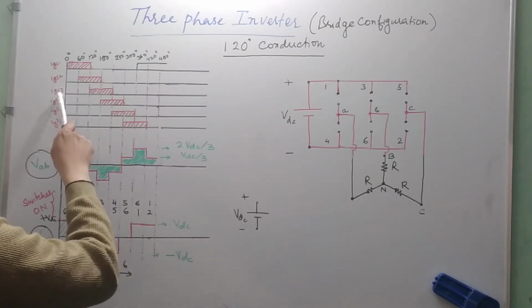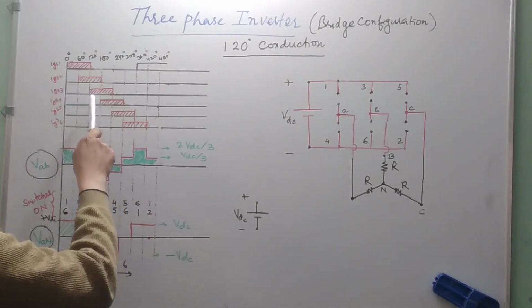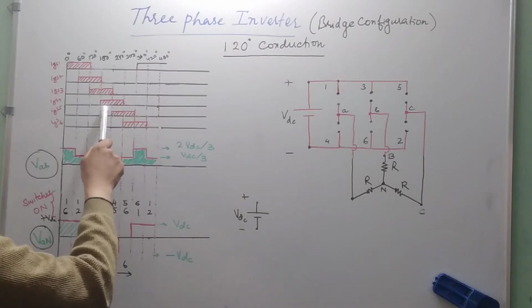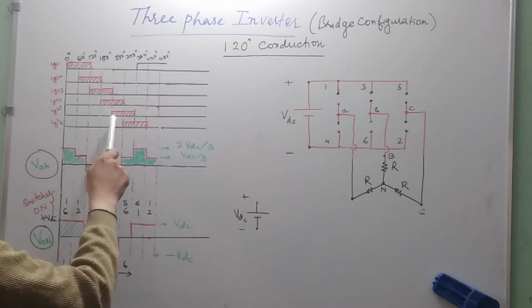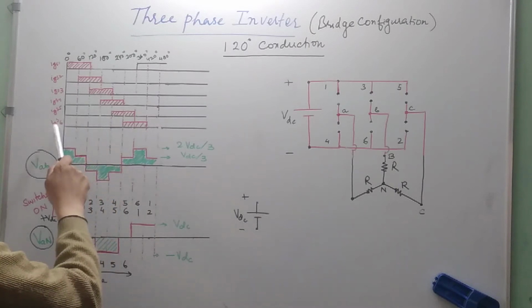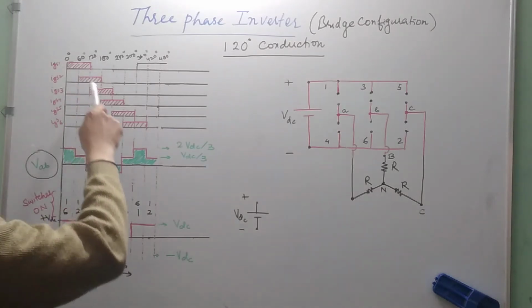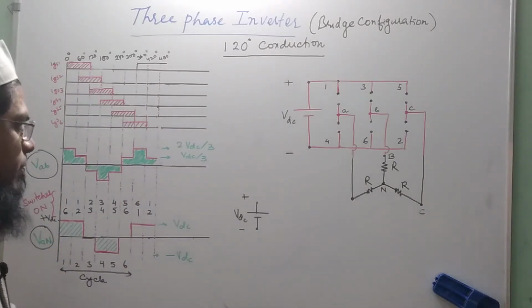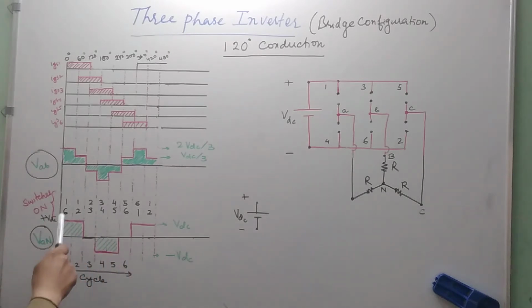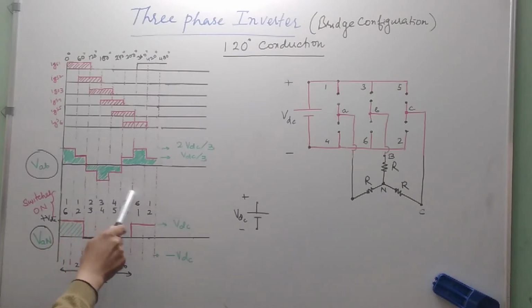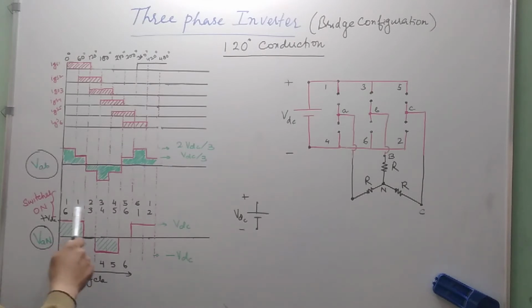Similarly, S3 will come into conduction at 120, S4 at 180, S5 from 240, and S6 at 300 degrees, and each of them would be conducting for 120 degrees. You could see here that there are 6 steps, 1, 2, 3, 4, 5 and 6, and then there is a repetition. So in each of the 6 steps we have 2 switches conducting simultaneously.